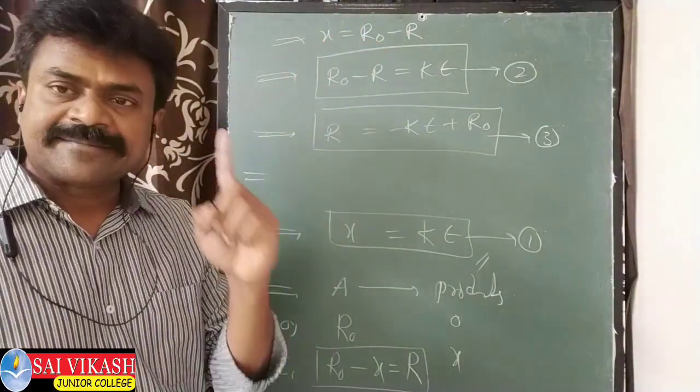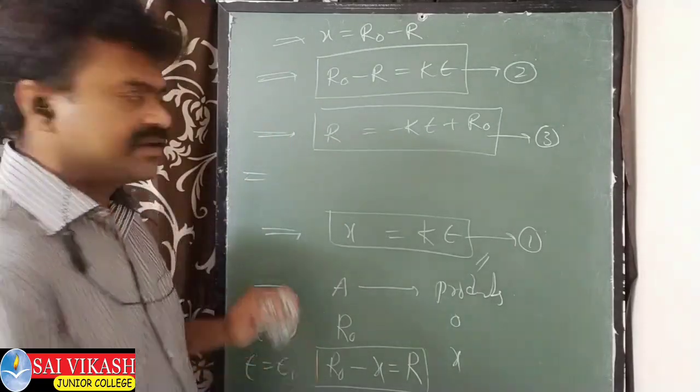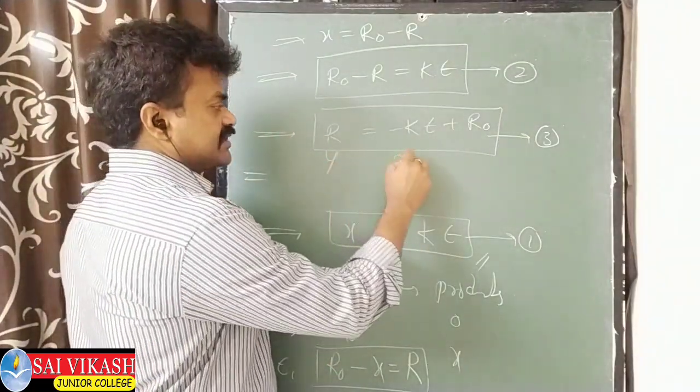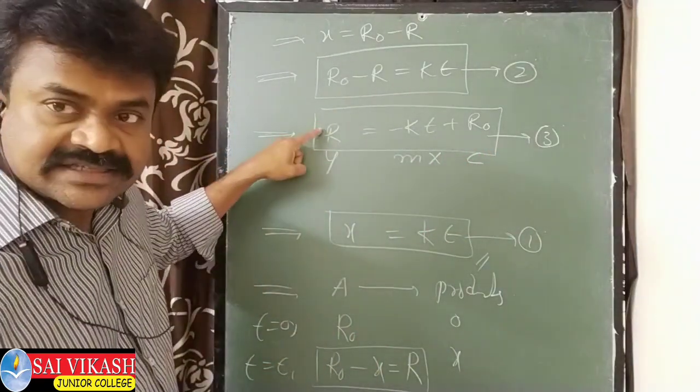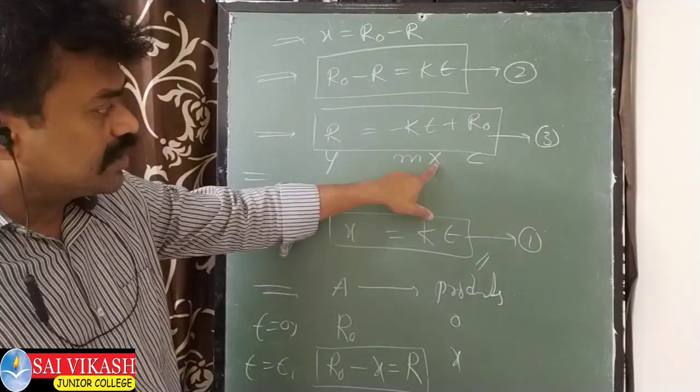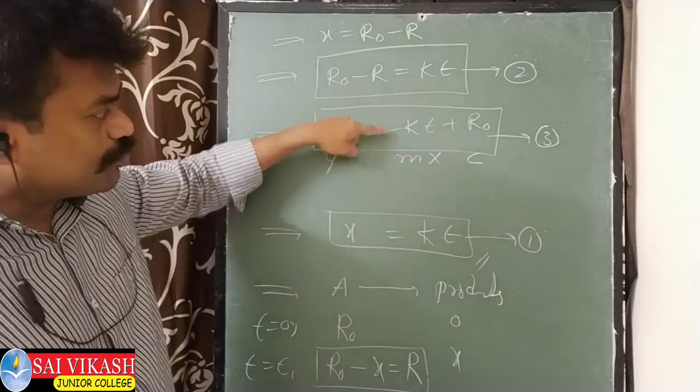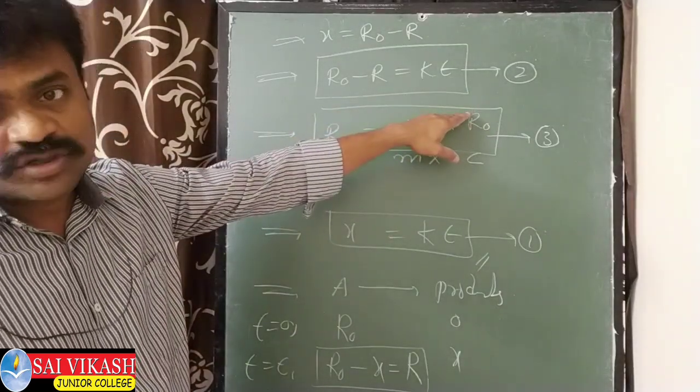Why? Because I am going to draw a graph. In y equals mx plus c, y is on the y-axis, m is the slope, x is on the x-axis, and c is the intercept. So on the y-axis I take R, on the x-axis t. Then the slope is negative and the y-intercept is positive.